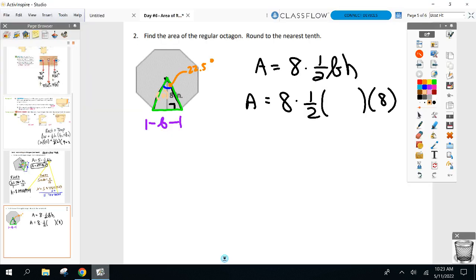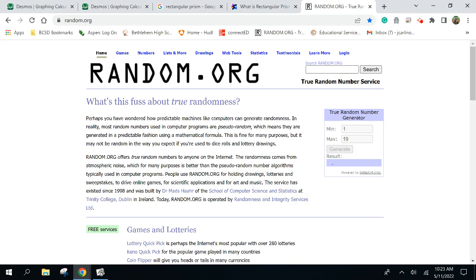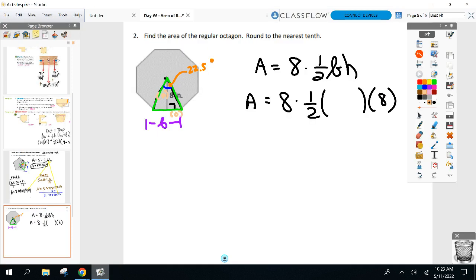Opposite. All right, I got O and A. I'm going to use which one of the 3 here? Tangent. Yep. Tangent of 22.5 equals opposite x over adjacent 8.